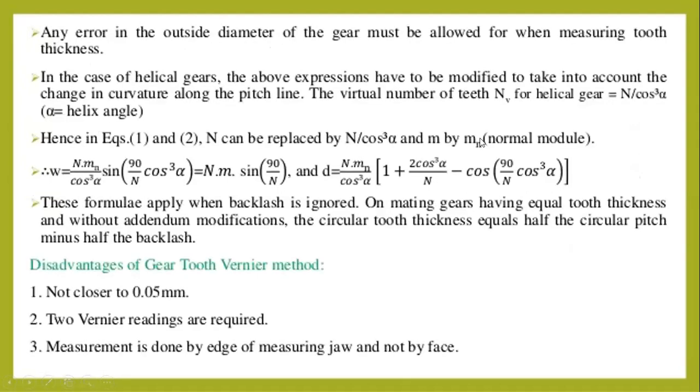So for the width and depth, we got both the values from one tooth micrometer, that is the gear tooth vernier. In the case of helical gears, the above expressions have to be modified to take into account the change in curvature along the pitch line.